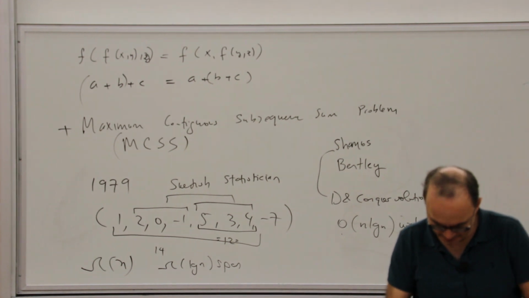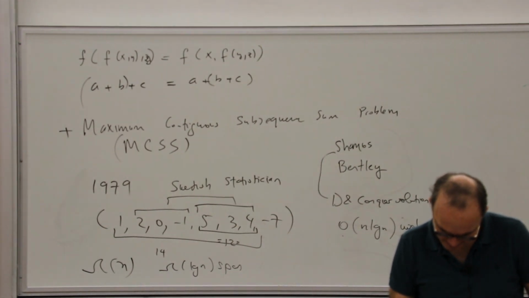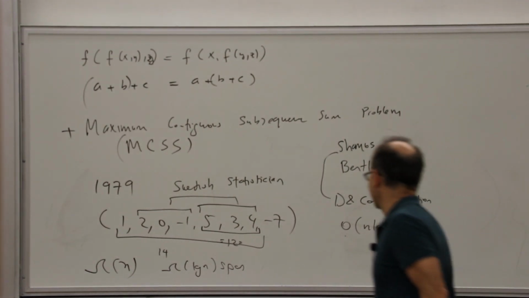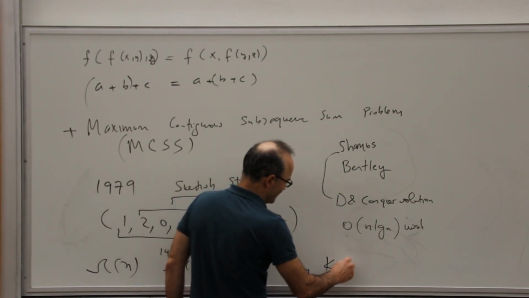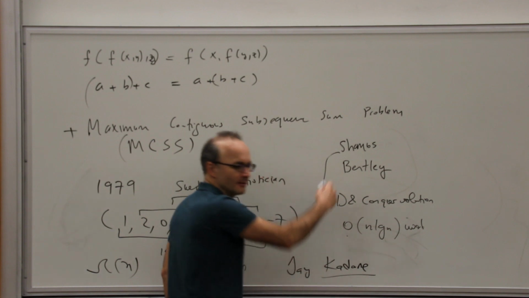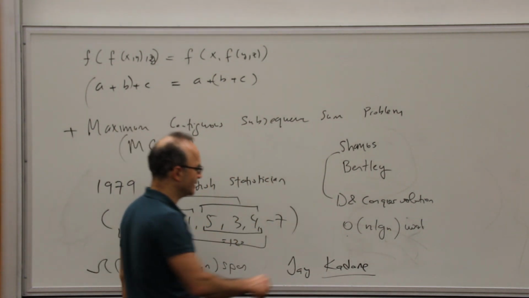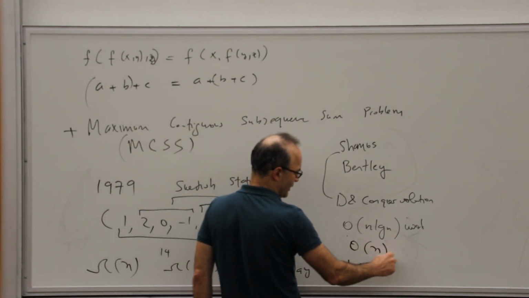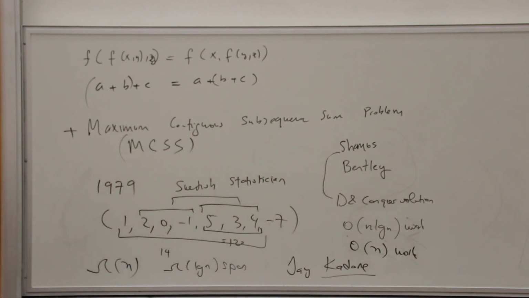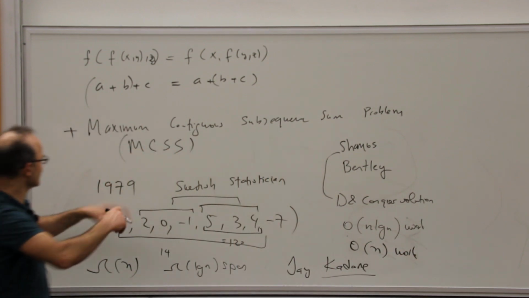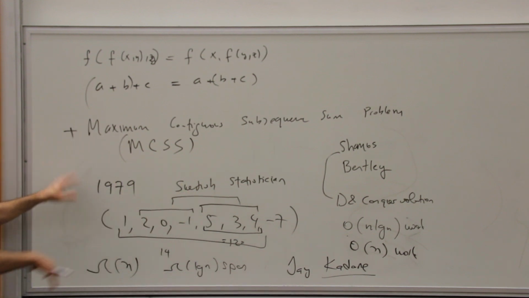What's his last name? I have it on my notes. Kadane. Jay Kadane solved the problem on the spot during the talk and gave the first linear work algorithm for the problem. So that's an interesting story. This was all happening in the 1980s.